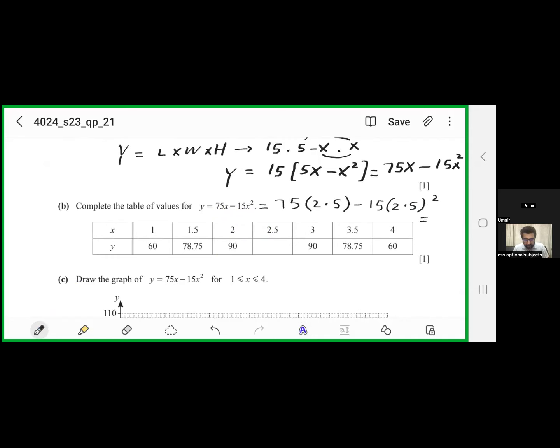What you will get: 75 times 2.5 minus 15 times 2.5 square. You will get, it's minus 75, I need to confirm. Please give me a moment. 2.5 square into 15.